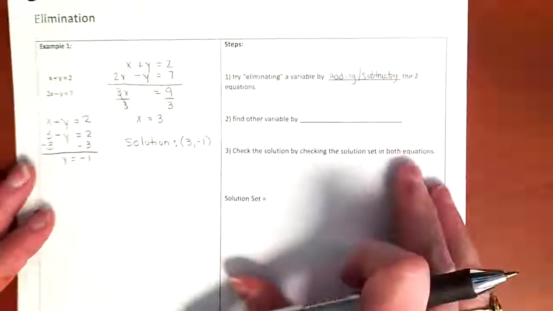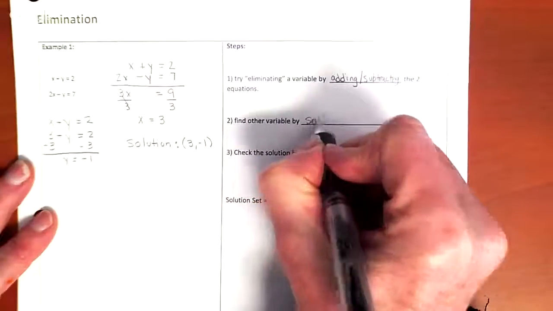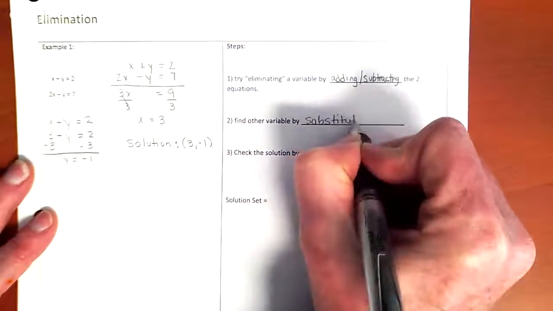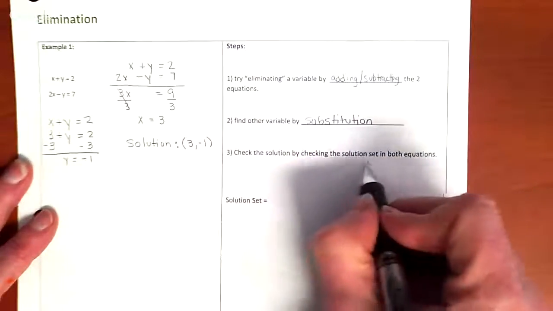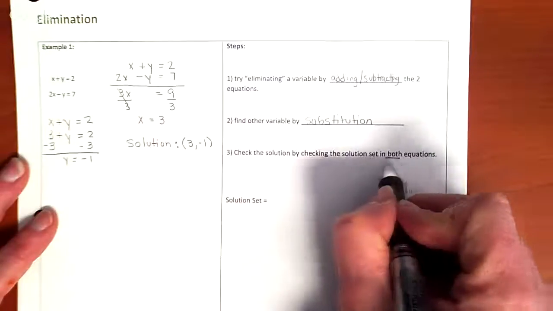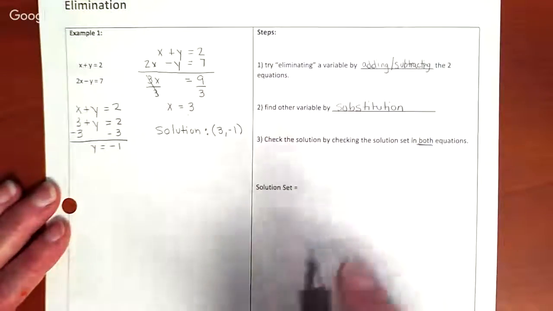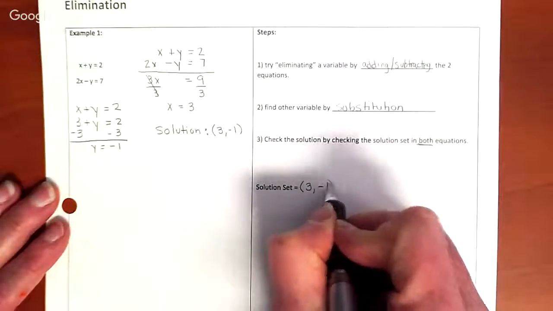Then we find the other variable by substitution, and then check the solution set in both equations. So here the solution set is 3, -1.